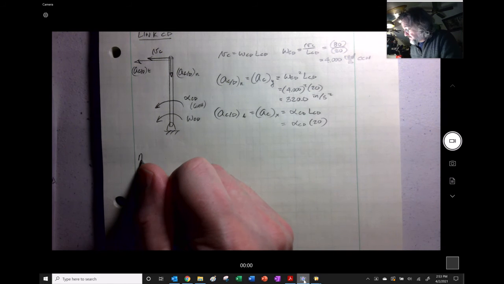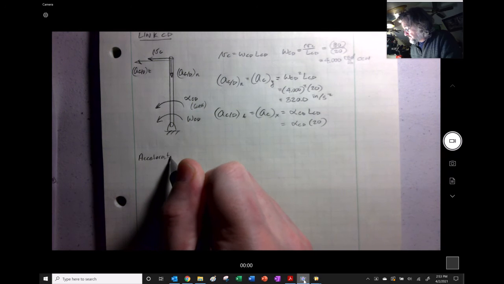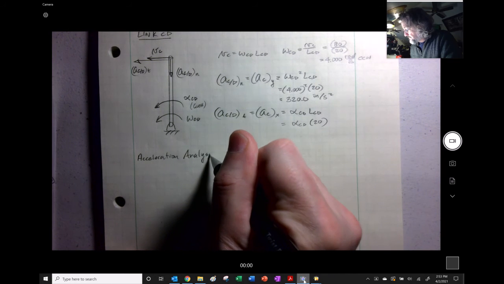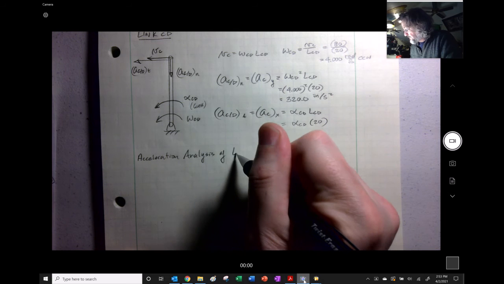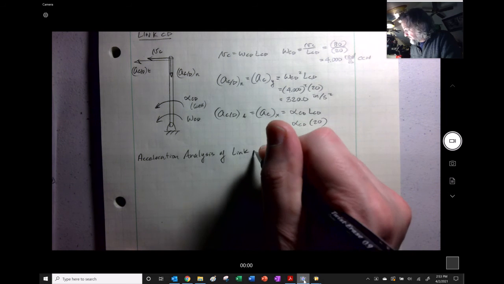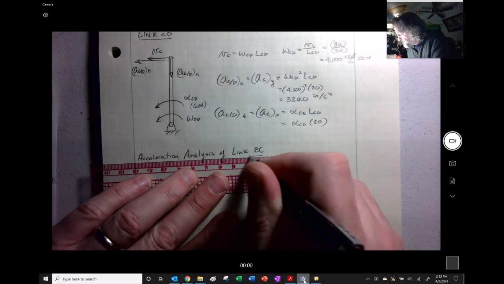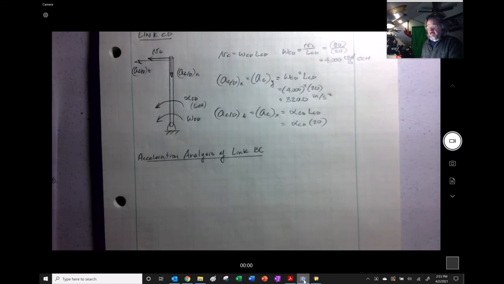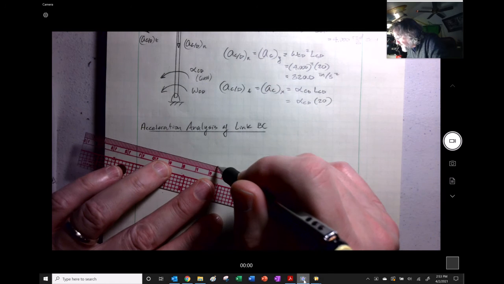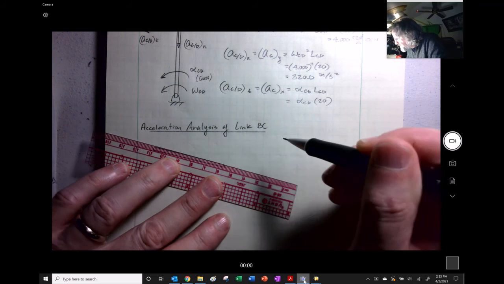Now we do acceleration analysis of link BC. All right, so I don't want to make this too small, don't want to make it too big. It's got to be like 15 degrees, something like that.